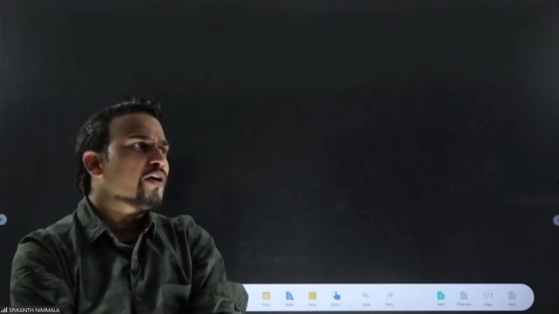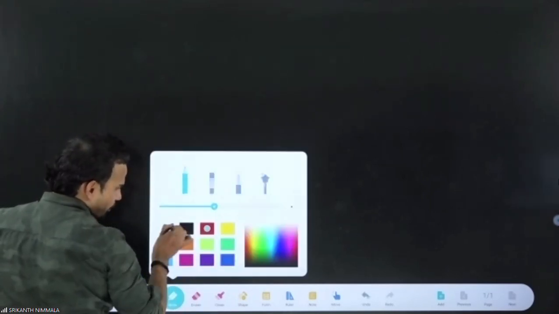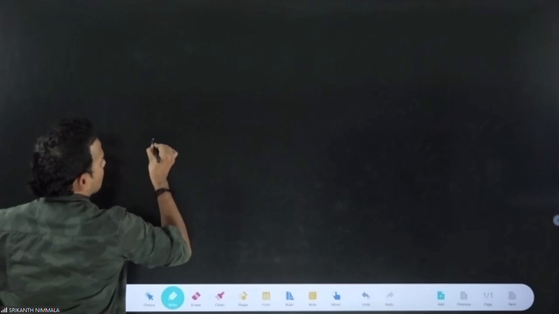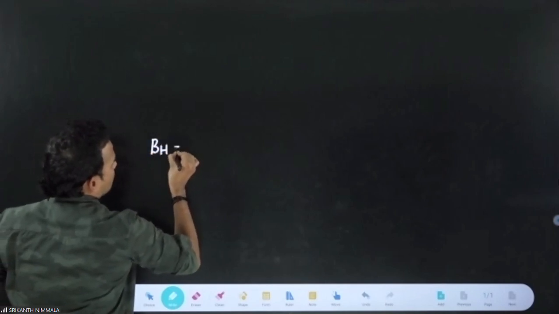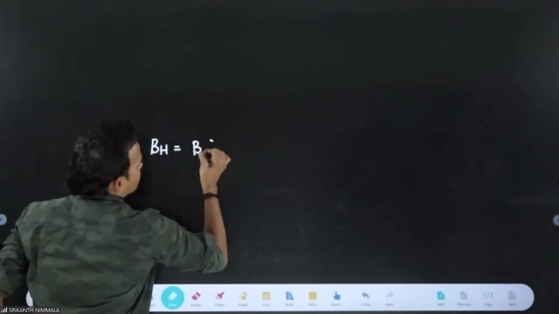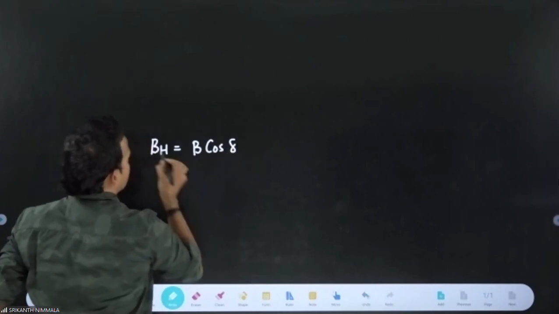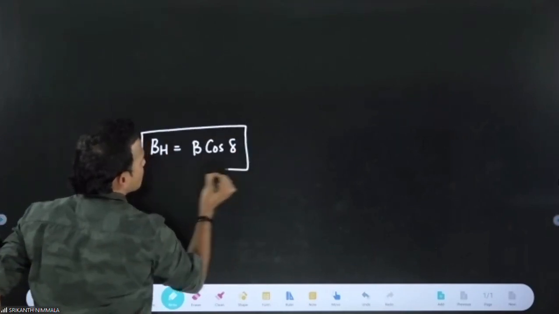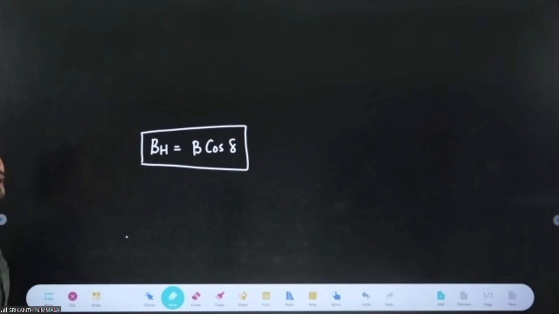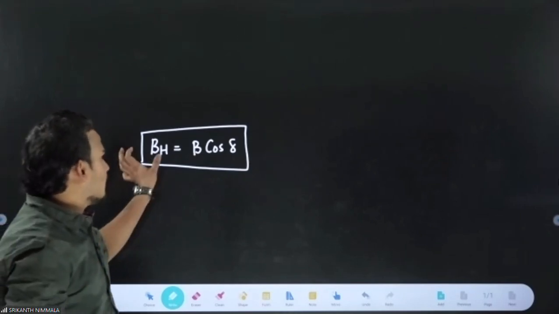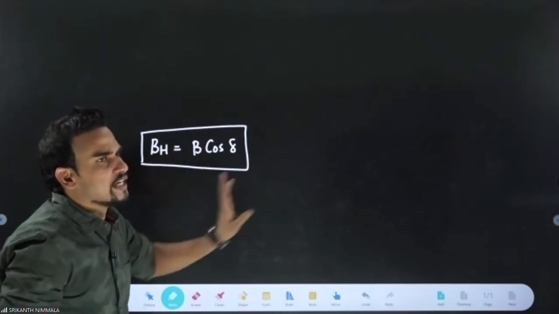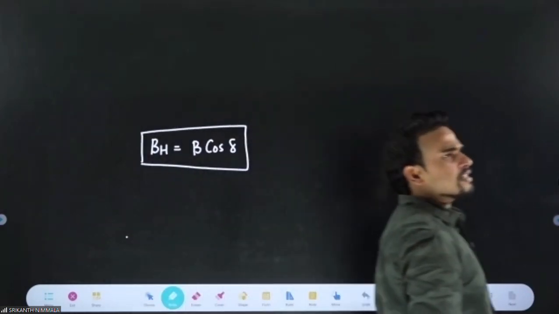And we already know the value of BH. BH will be coming as B cos delta. This is the value of BH, which we already know. This is our third element, that is the horizontal component of Earth's magnetism. That BH will be coming as B cos delta, where delta is our angle of dip.